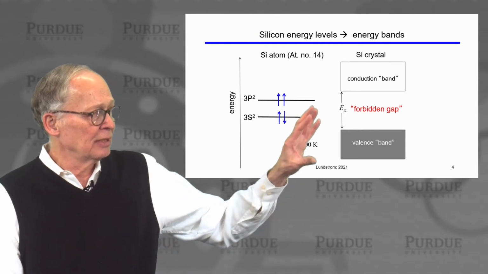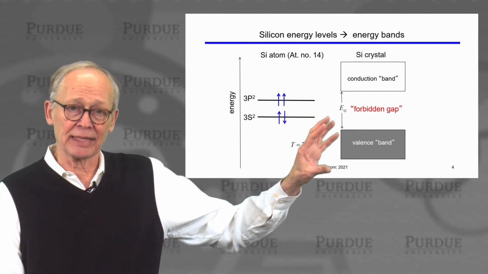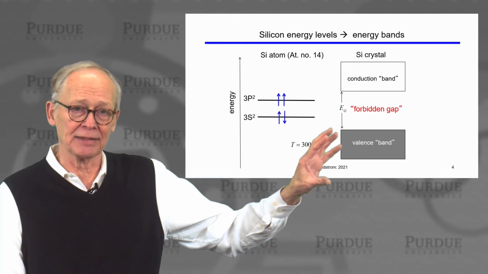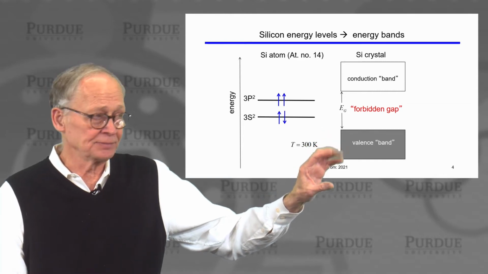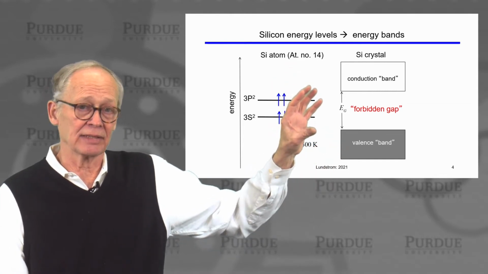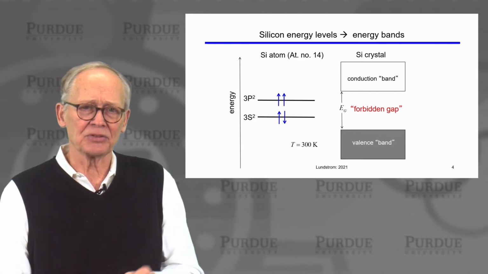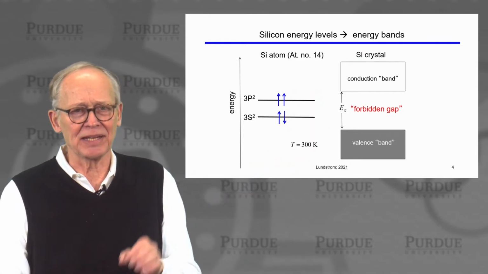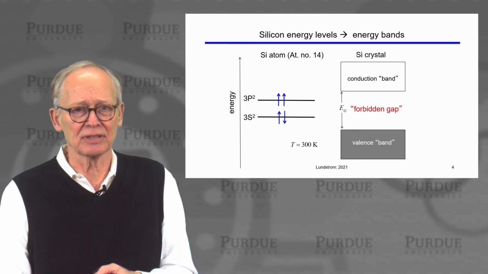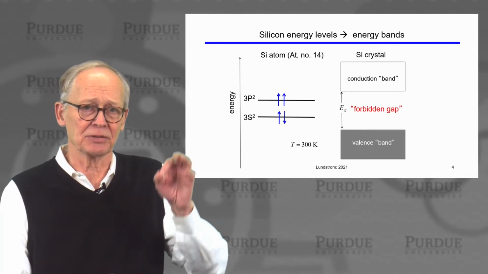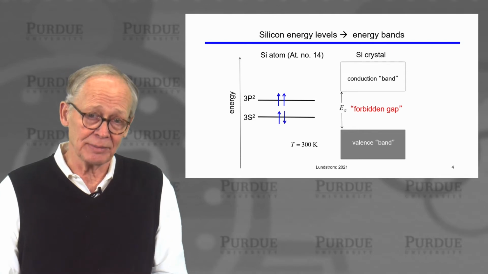So we end up with 2 bands that accommodate all of these electrons, a valence band that is completely filled, and a conduction band that at T equals 0 is completely empty. These 2 bands of states have levels that are spaced infinitesimally closely, so we consider the energy to be a continuous variable within the band.